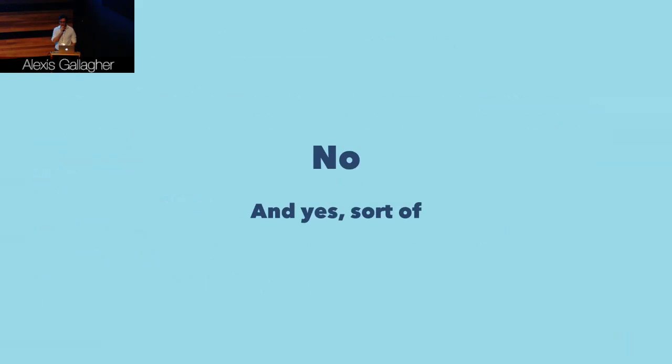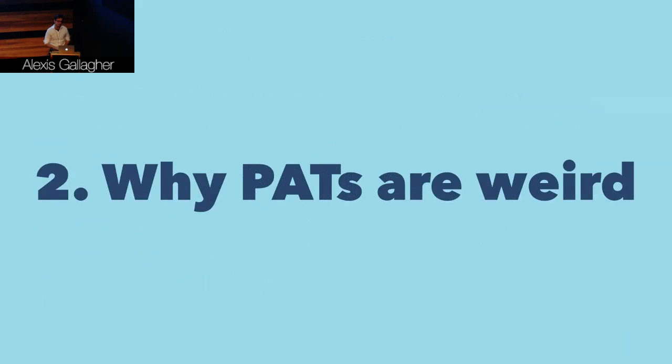But asking why explains a lot and exposes, I think, probably the thinking that drove this feature. I'm speculating a bit. Let's go to question number 2, having now laid out how PATs are weird. Why are they like this?